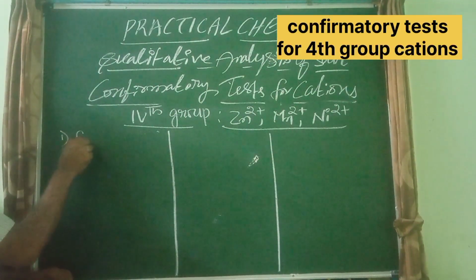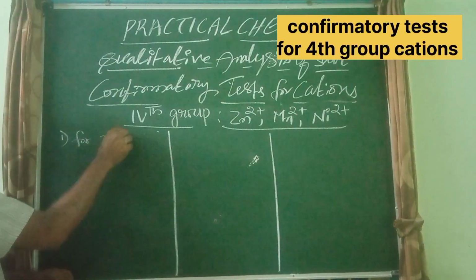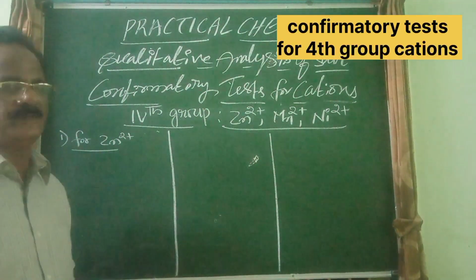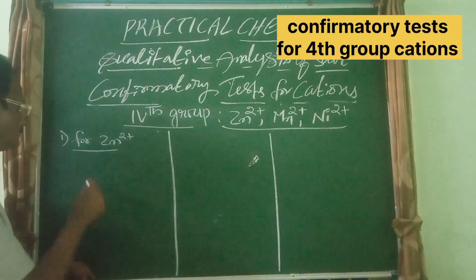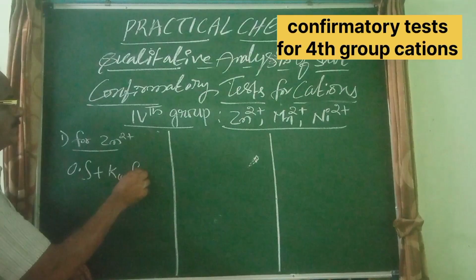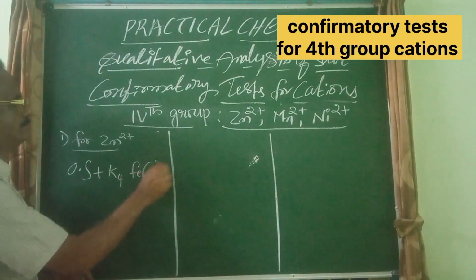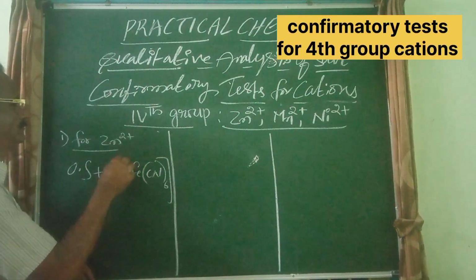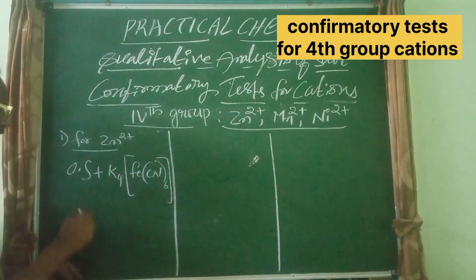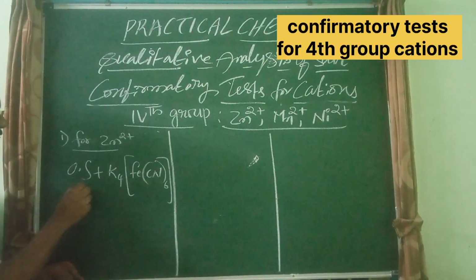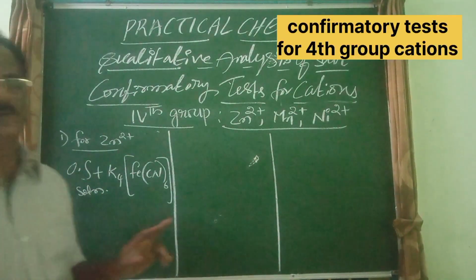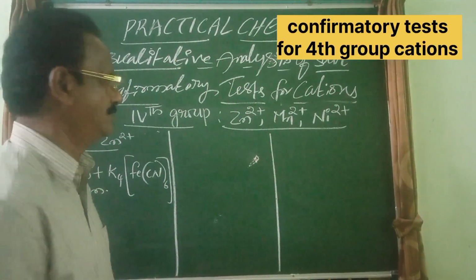For zinc, confirmation of zinc can be done by adding potassium ferrocyanide solution to the original solution.